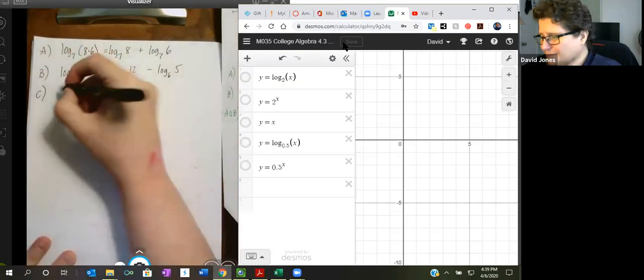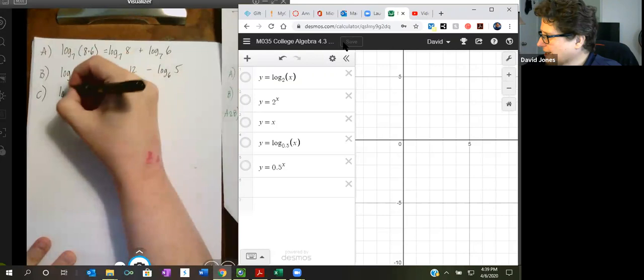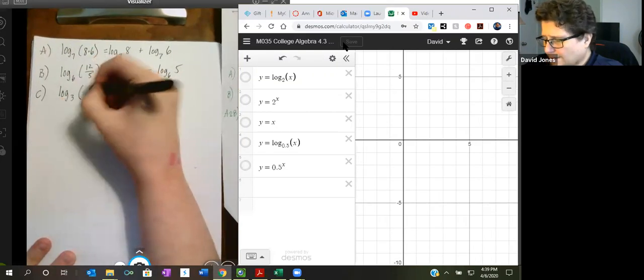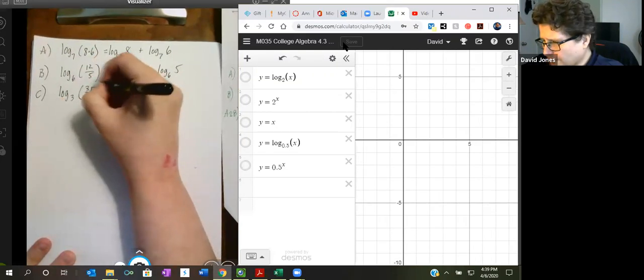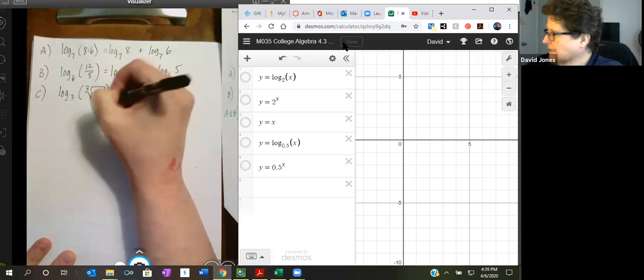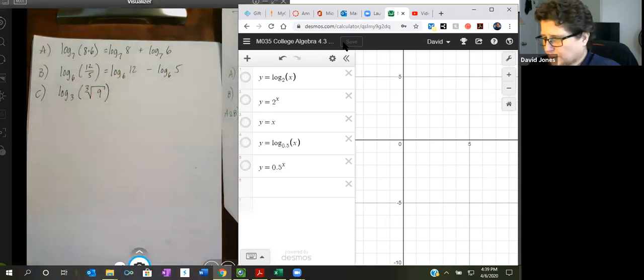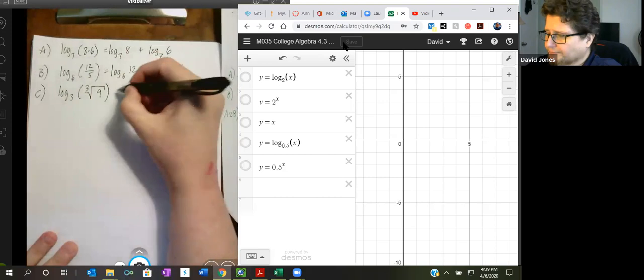Let's see if you get letter C. Log base 3 of the cube root of 9. What does that equal? Okay, hopefully you pause it and try to work on it.